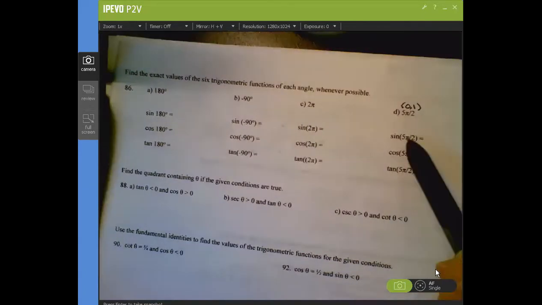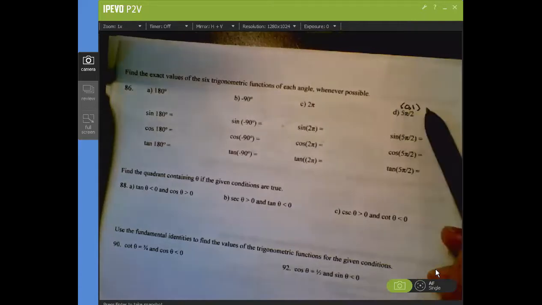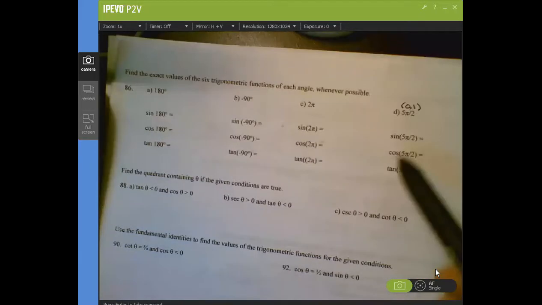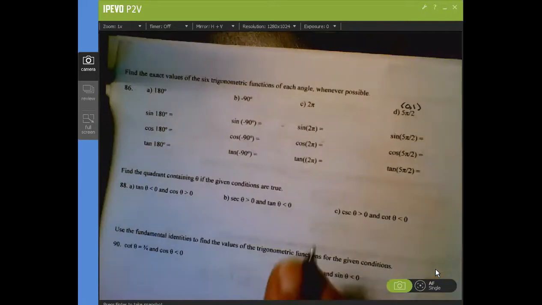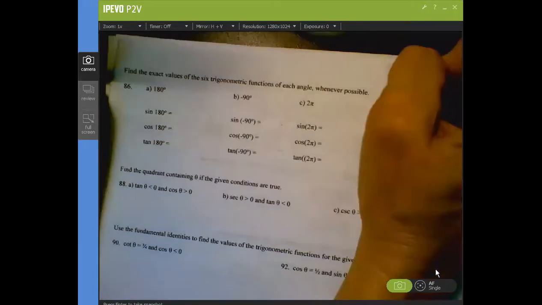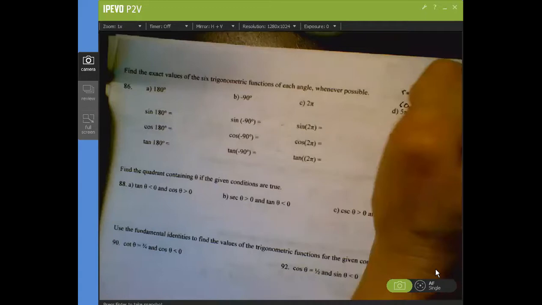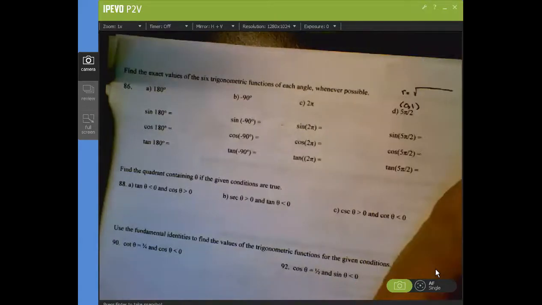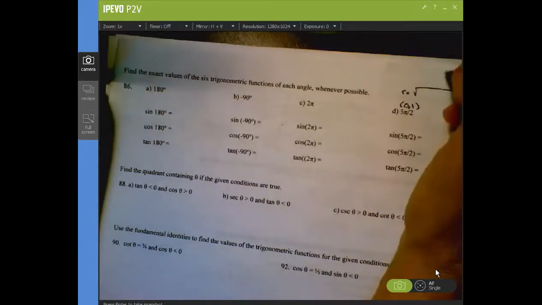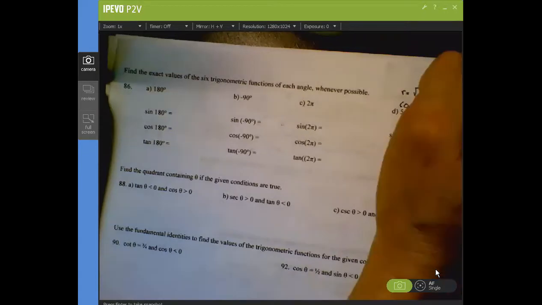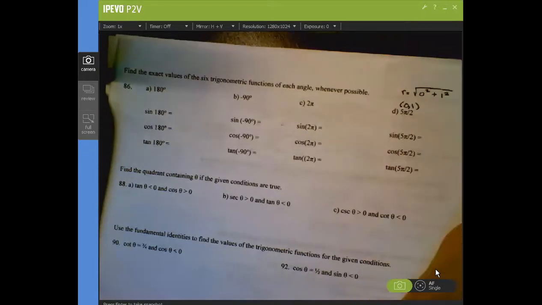If the ordered pair is 0, 1, well, what's the radius? The radius of this circle is the square root of x squared plus y squared. The radius of this circle is 1.